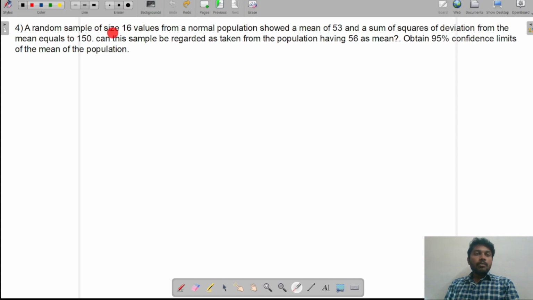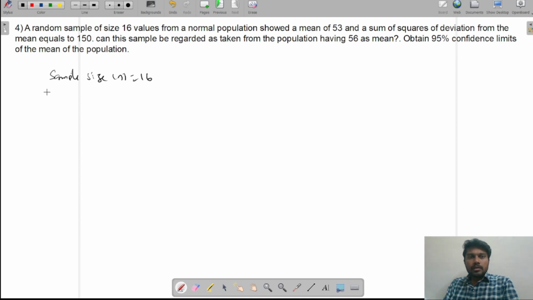A random sample of size 16. So can I say a sample size n equal to 16 is given? Yes. Next, from a normal population showed a mean of 53 and a sum of the square of the deviation from the mean equal to 150.